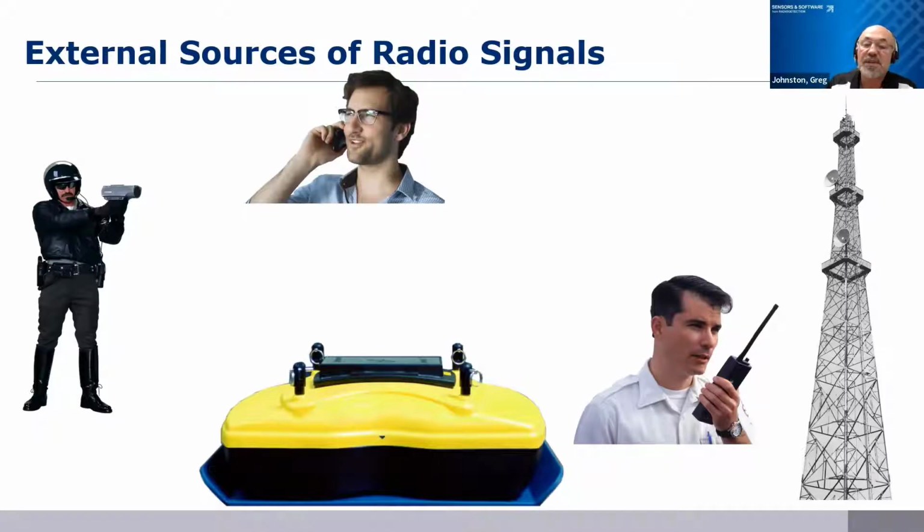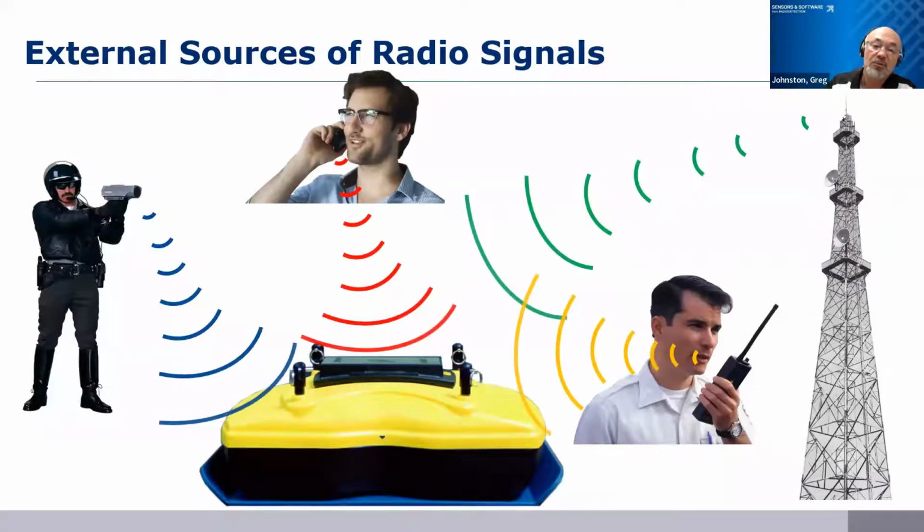This means that some of the signals a GPR system collects is external radio frequency from other radio sources, such as radio transmitting towers, cell phones, walkie-talkies, police radar. These external radio frequencies that we really don't want in our data are called noise.